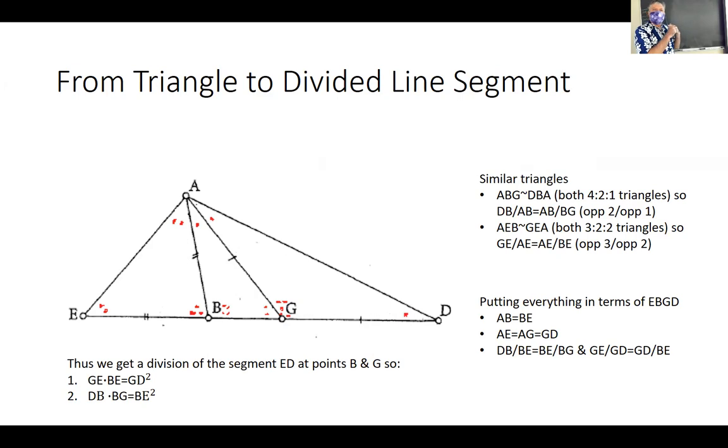Okay, so the first thing we see is that we've got a whole bunch of similar triangles. Remember we started off with a 4, 2, 1 triangle. Well, here is a 4, 2, 1 triangle.